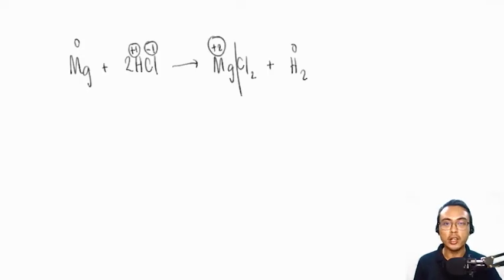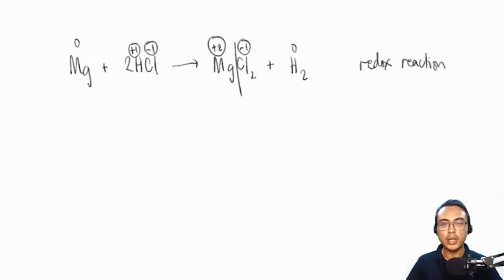And then chlorine here is an anion, therefore it still has a charge of -1. Now we have finished determining the oxidation states of all of the elements. Let's take a look if this is a redox reaction. If you take a look at magnesium, magnesium goes from 0 in the reactants to +2 in the product. There's a change in oxidation states, therefore automatically this is a redox reaction.